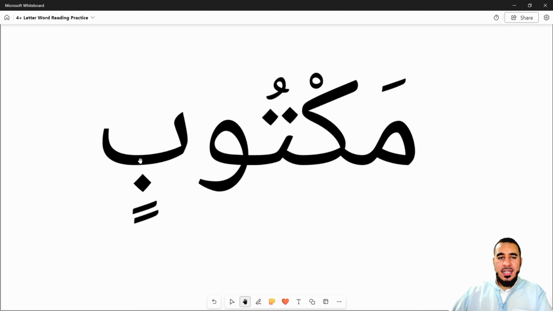And then lastly, we have the ba at the end, and the ba is here with the kasratan, meaning the 2 kasras, or the tanween of kasra. So it would make the in sound, not just i, but in. Remember the tanween, it has the sound of the haraka plus the n sound. So in.